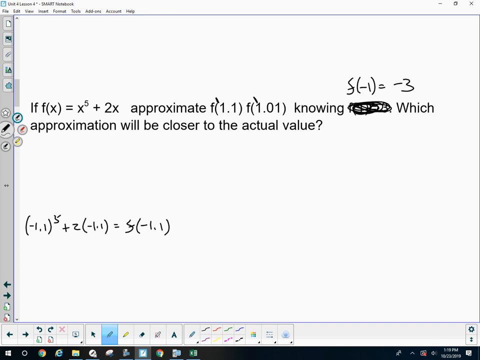Now, it's not the tangent line equation we had for the other function. This is a new function. Okay, so it's a new function. I need a new tangent line. Make sure you are finding that new tangent line equation.